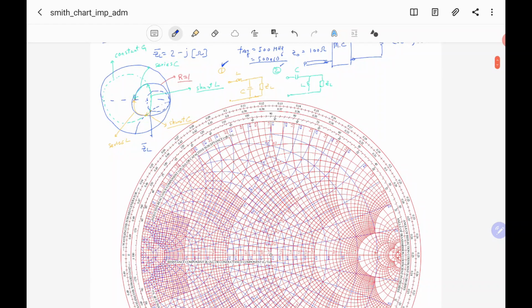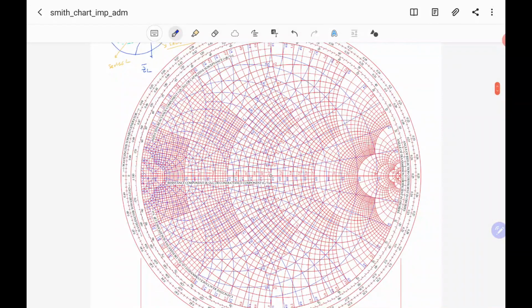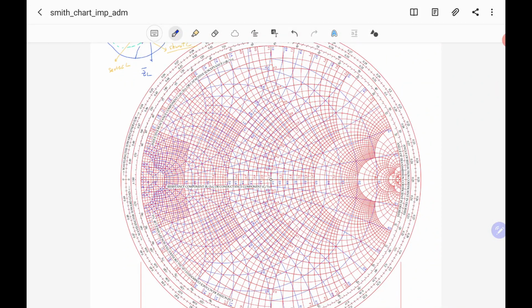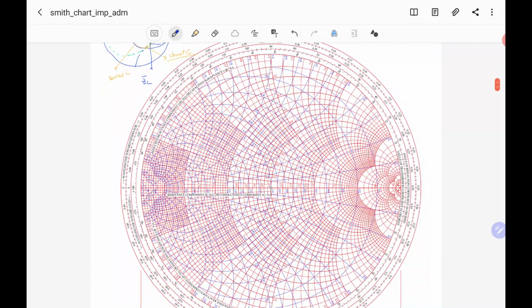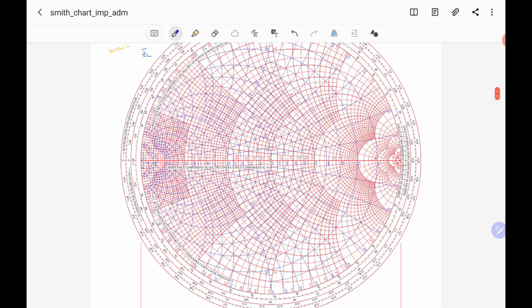So let's locate ZL in this Smith chart. The normalized ZL is here, 2 minus j. If you find the resistance 2 circle, start from here, and this is the reactance minus 1 circle. So this is the position of normalized ZL.